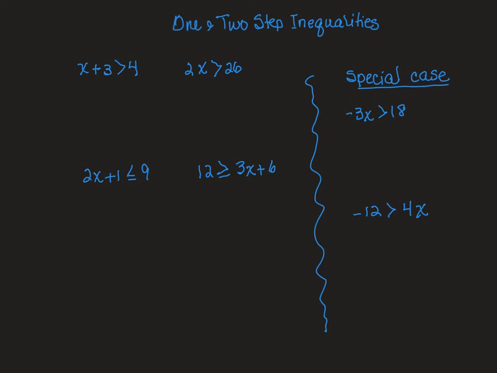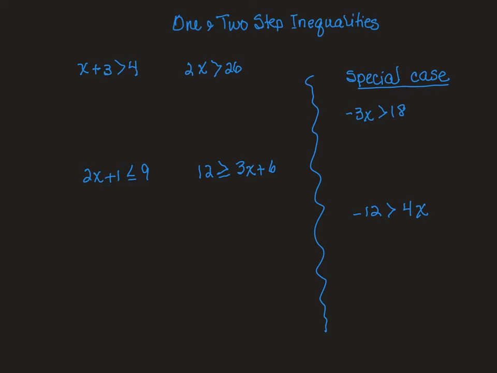Now that you have done 1 and 2 step equations, you understand how to work on both sides. When you do these inequalities, you're assuming that the sides are equal. That's how you're solving these.